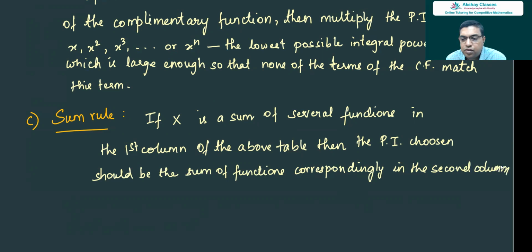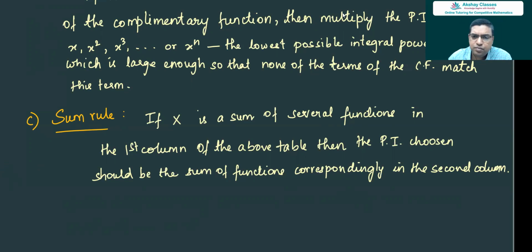So if the sum involves two functions in the first column, then the PI chosen will be the sum of the corresponding functions in the second column.